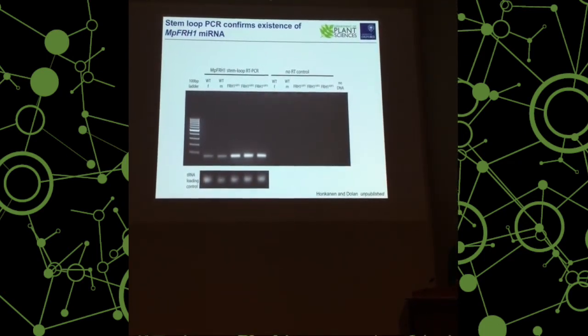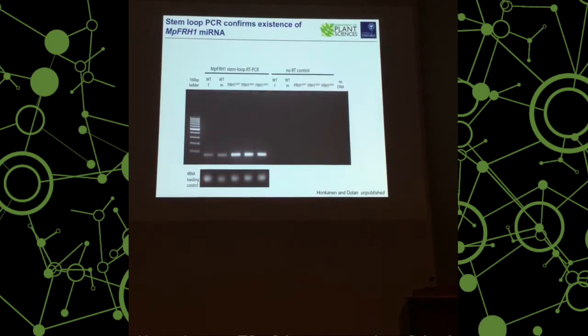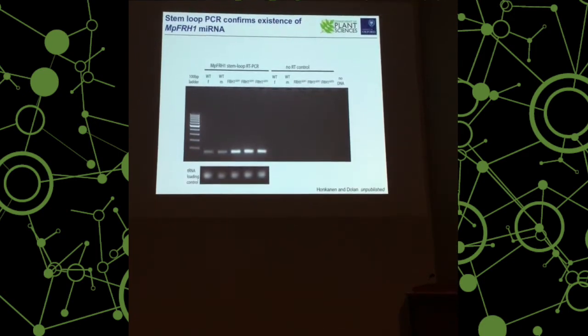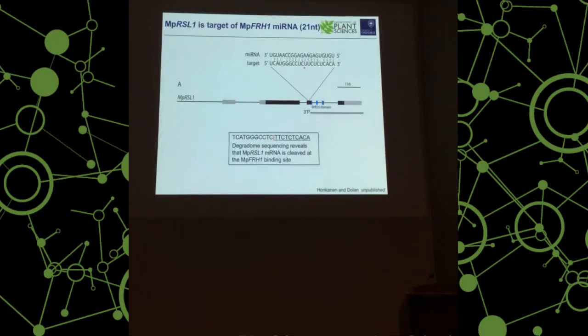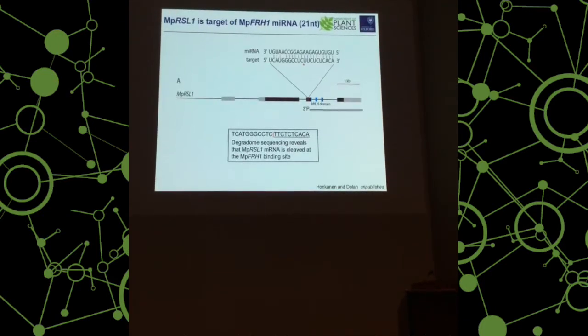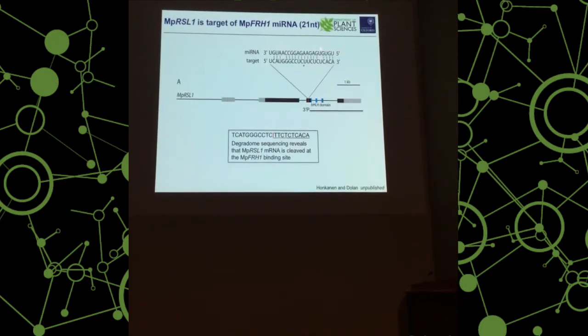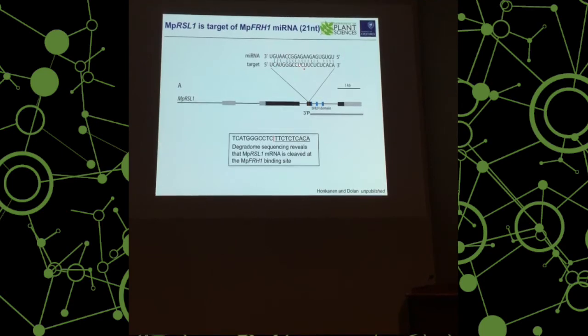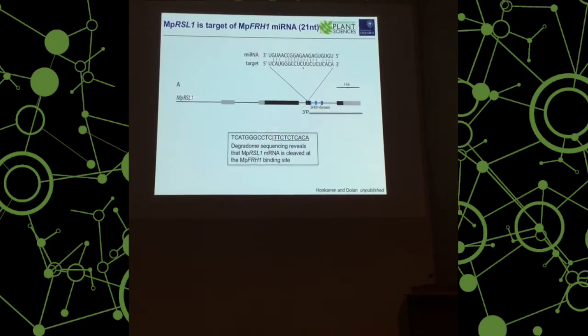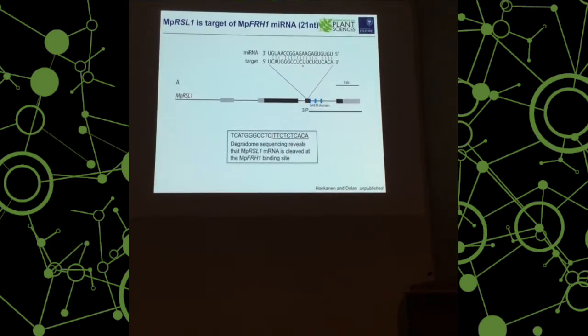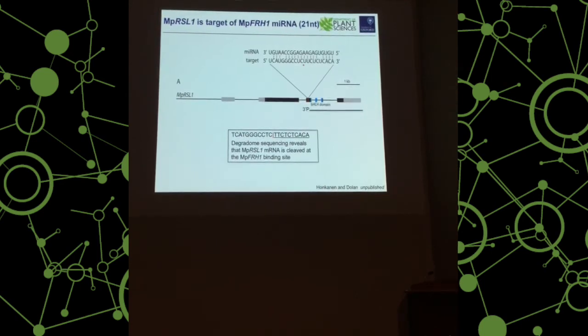So then when we looked at the sequence and tried to identify what its target might be, then it all began to make sense. So here's our microRNA sequence here, and then it predicts a putative target. And of course, this putative target sits right in the basic domain of the RSL gene. So what we've got here is putatively a target.